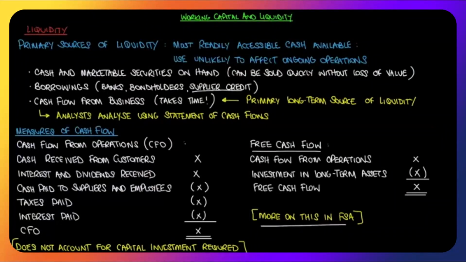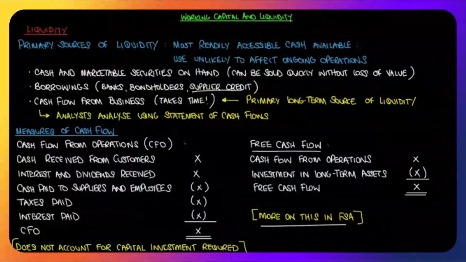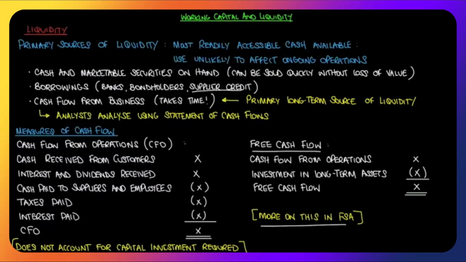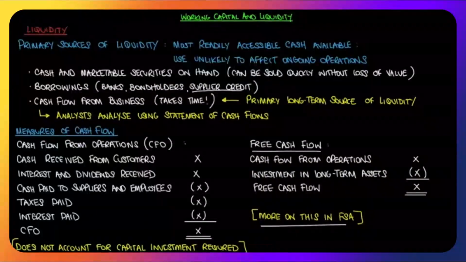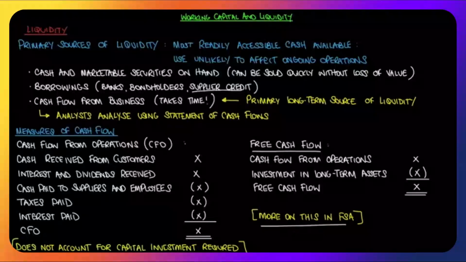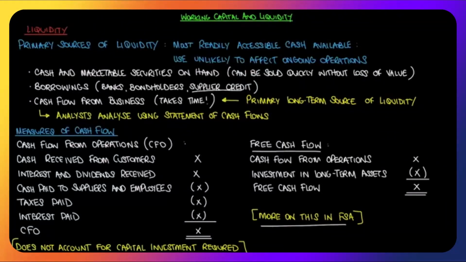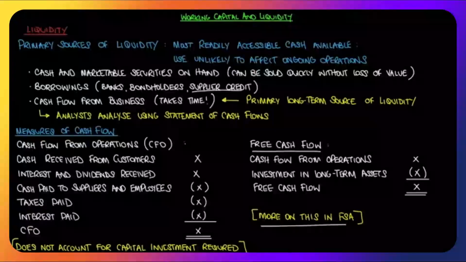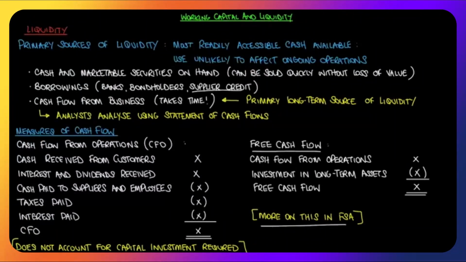First definition we'll give you is CFO, cash flow from operations. That measures the cash received from customers, so what you got in as cash from making sales, plus any interest and dividends you receive from investments, less your operational expenses, what you pay to suppliers and employees, what you have to pay in taxes and interest. That will give you CFO.